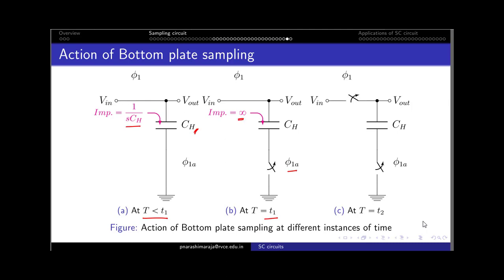The moment the time t reaches t2, this particular switch turns off, and these channel charges find an infinite impedance on the path towards Vout, so the channel charges move towards the hold capacitor, and all of these charges discharge through the path through the Vin source that we have connected. None of the charge moves towards the Vout.